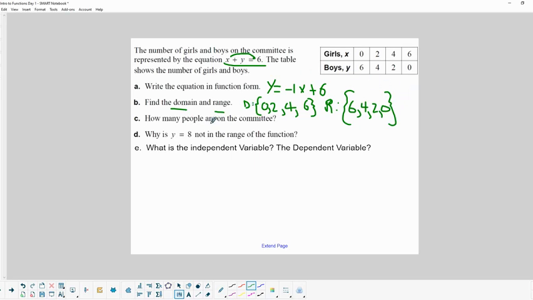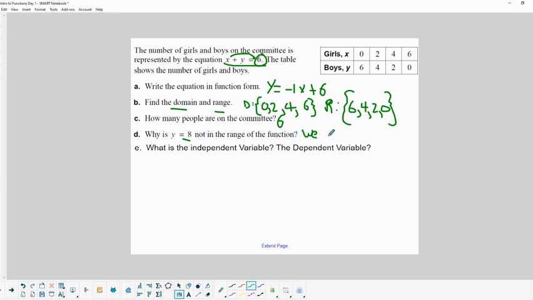Okay, how many people are on the committee? Well, it says right here there's going to be 6 people on the committee, so 6. Why is 8 not in the range of the function? Well, the range is a representation of our totals, right? How many people we can have. And 8 would be outside of that value.